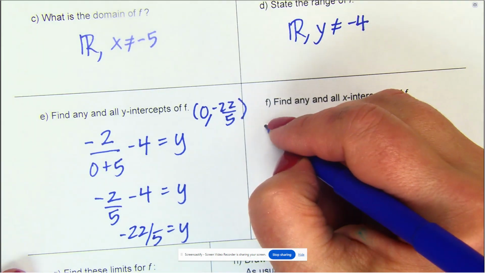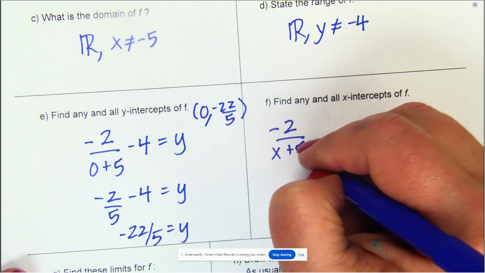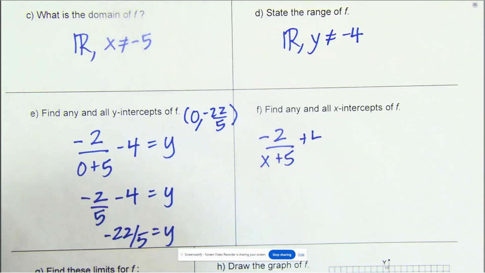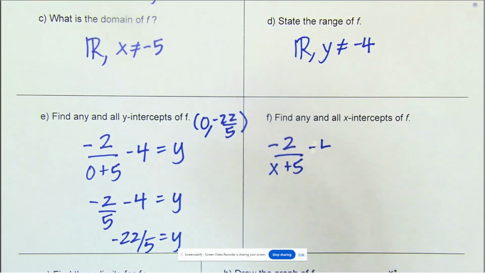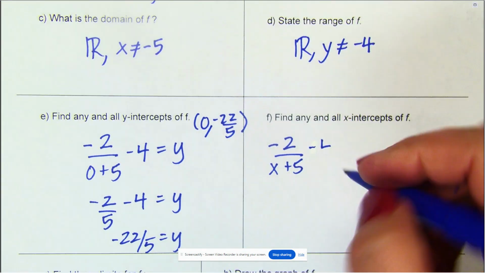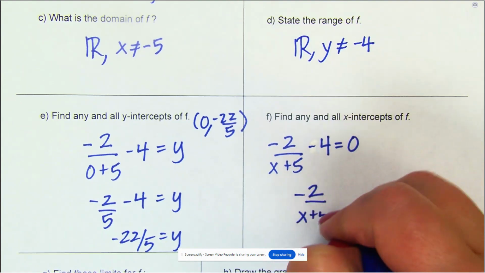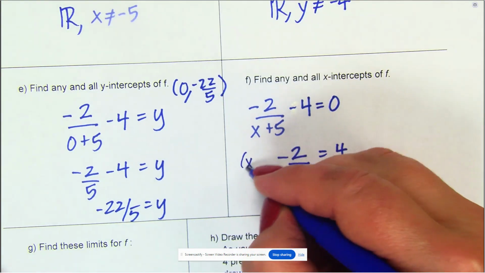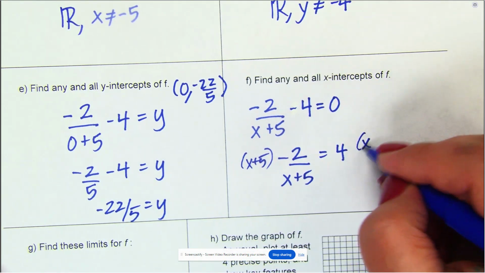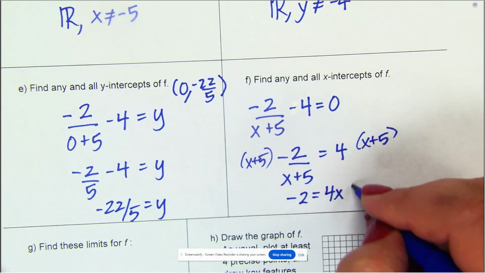X-intercept, now it's when y is 0. So you're going to set the equation equal to 0 and solve. So I would add 4, and then I multiply both sides by x plus 5. -2 equals 4x plus 20.